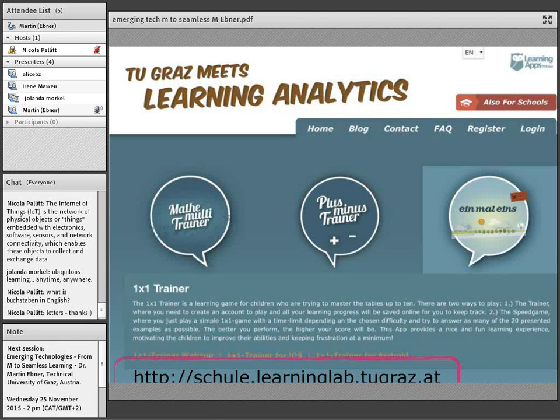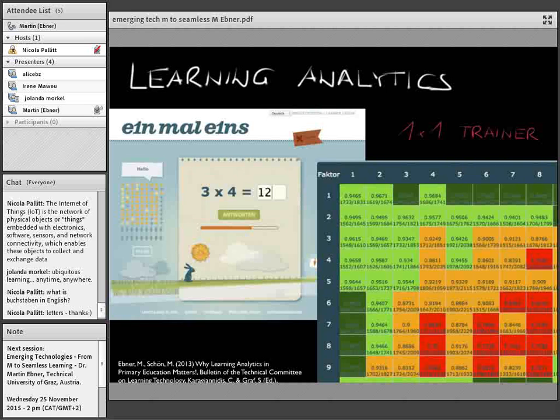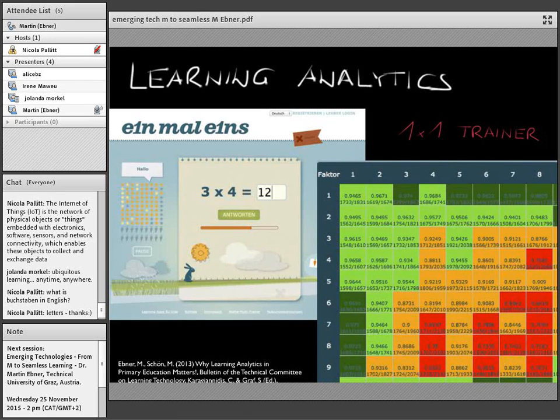Maybe one of the most interesting examples is this one. It's called our multiplication trainer. It's the typical multiplication table. And what you see on the right is the result. We currently have more than 850,000 calculations in the databases.